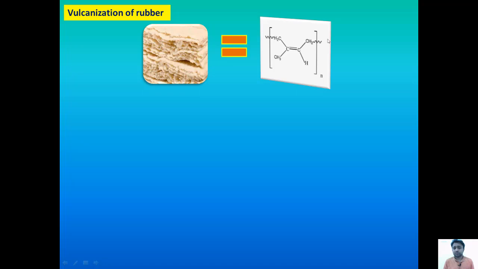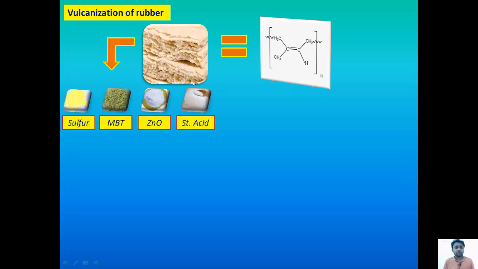It has a large molecular weight and a broad molecular weight distribution, since the n number is very high. Here you can see an allylic hydrogen atom, here a methyl group, and here the unsaturated carbon double bond. Due to the presence of these types of bonds, it is vulcanizable using sulfur-like materials.